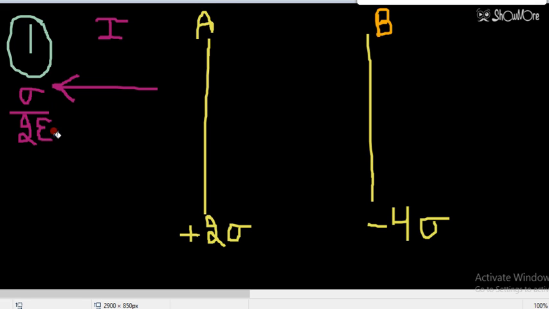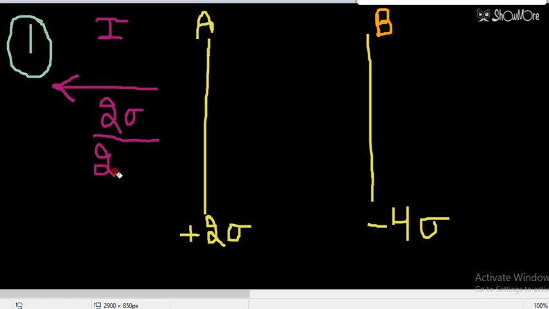So its magnitude will be sigma by 2 epsilon naught if it has charge density sigma, but it has charge density 2 sigma. So this electric field magnitude will be 2 sigma by 2 epsilon naught.